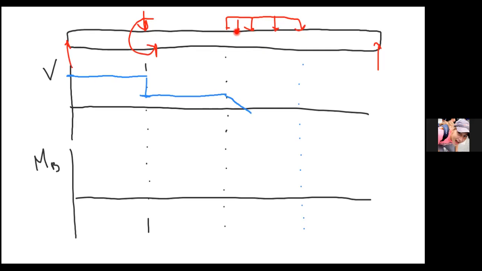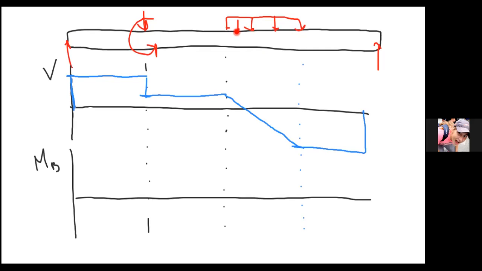So I know as I draw this line, I'm going to end up at negative 3850. Nothing's going on in that last section of the beam until we hit EY, which bumps us back up to 0 at the end, right?